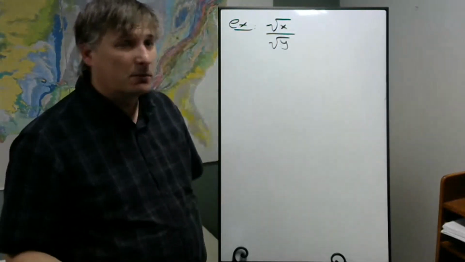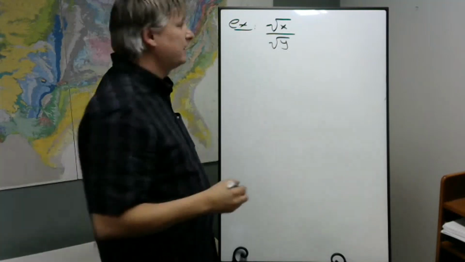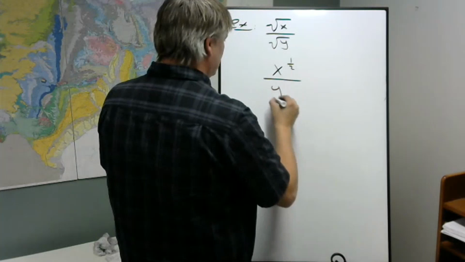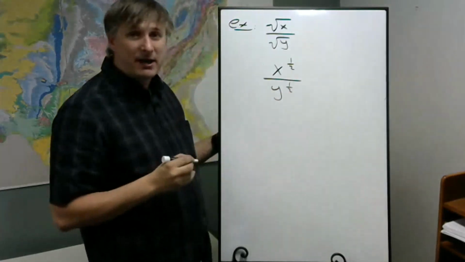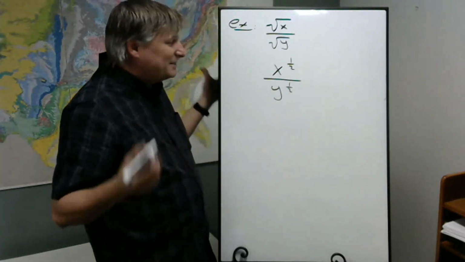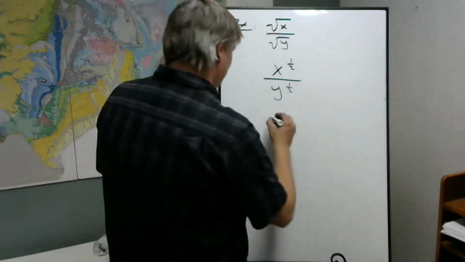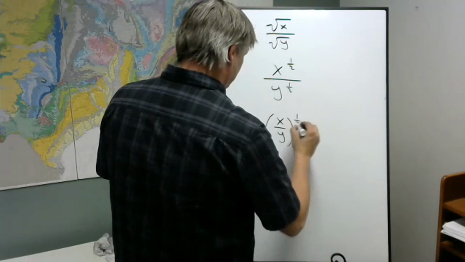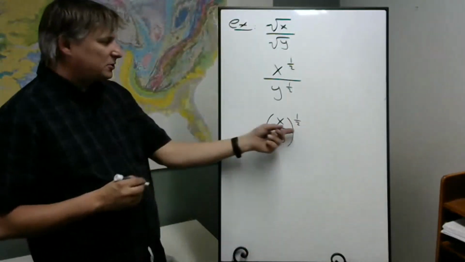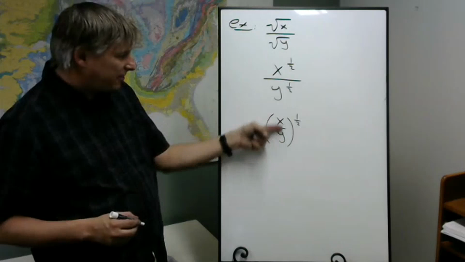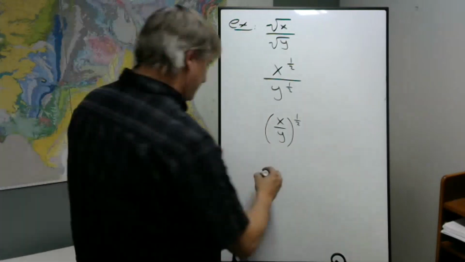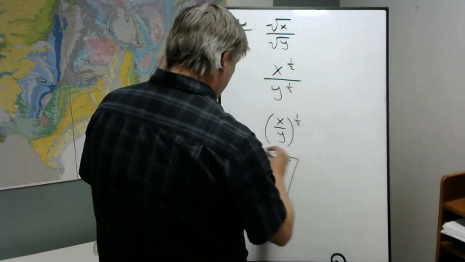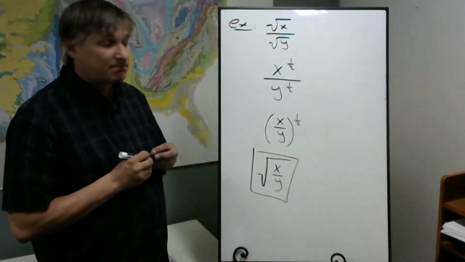Square root x over square root y. So what we could do here is, again, x to the 1/2 over y to the 1/2. And then we can act as if we distributed the 1/2. Then we can turn this back into a root. This whole thing is under the square root. And so that's going to be our answer.